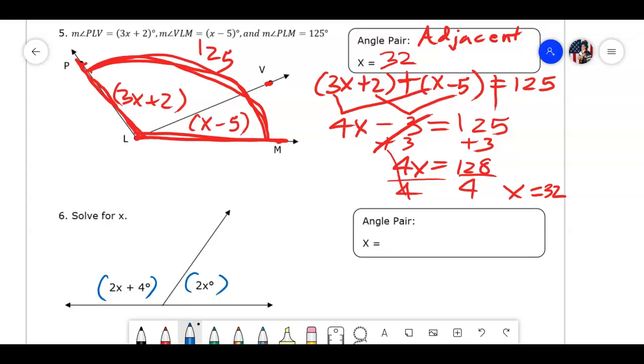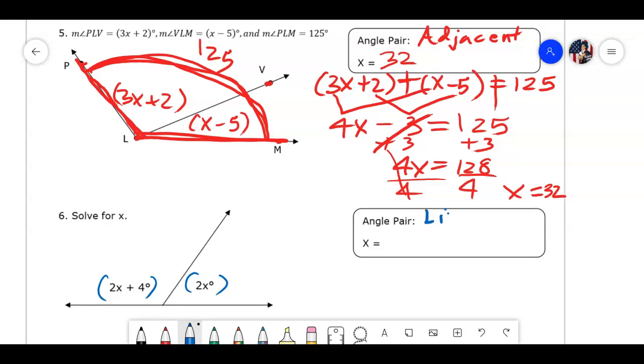Do we know how many degrees a straight line is? Okay. It is 180. You got to know that if they don't give you the whole thing, but it's a straight line, you're supposed to know 180. This one is because they make a flat straight line. Real quick, when two angles make a straight line, we call that linear pair. Okay? So you got to know that.